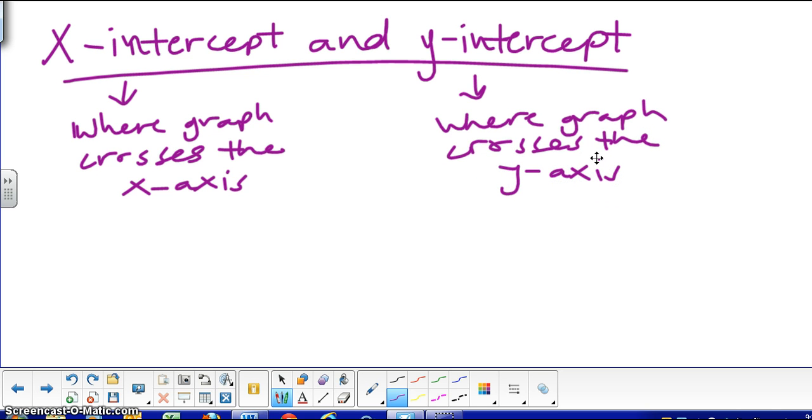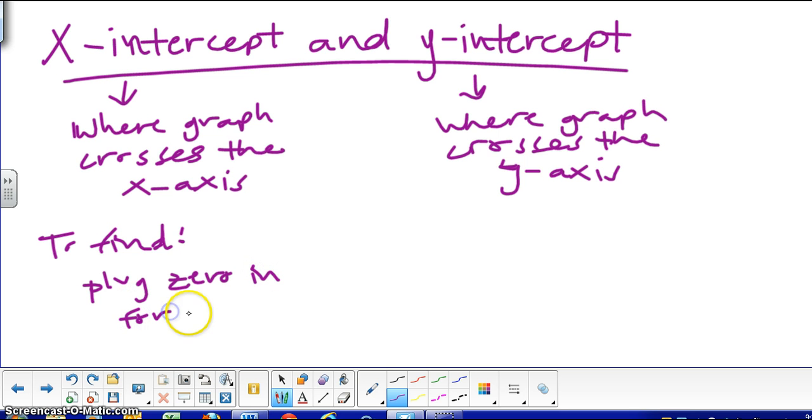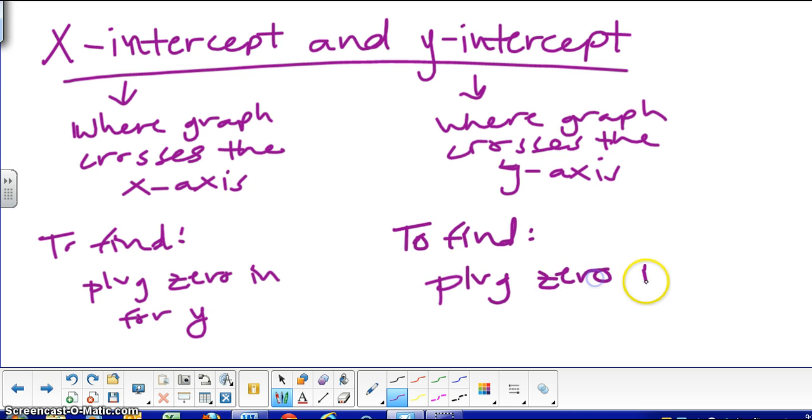Okay, so the way to find each one of these is, to find the x-intercept, you would plug 0 in for the y value, and then to find the y-intercept, you do the opposite. You're going to plug 0 in for x.